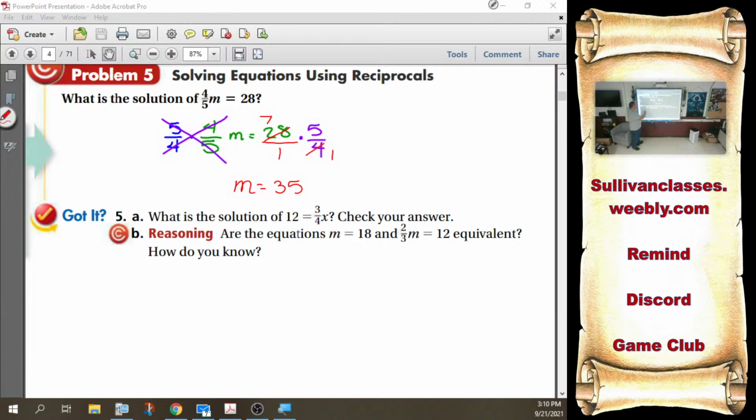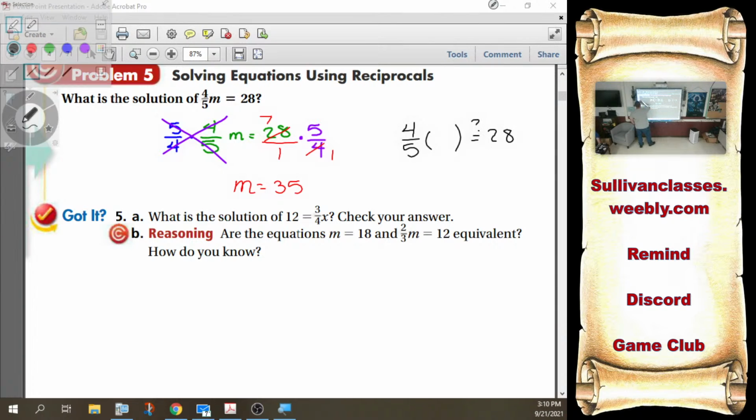So I should be able to prove this now. I should be able to say 4/5 of that thing is really 28. Y'all got a calculator? Prove it. Is 4/5 of 35 actually 28?